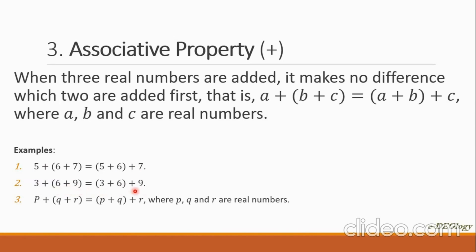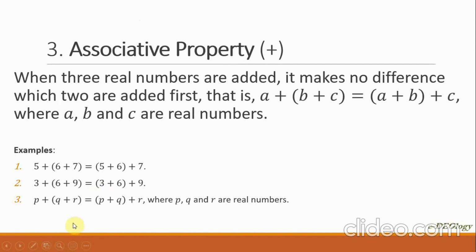And on the right side, the first two terms are grouped together. Then if we get the sum of the left side and the sum of the right side, eventually we will get the sum of 18 for the two sides.